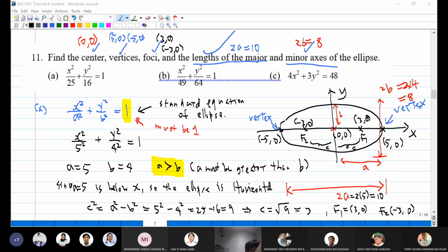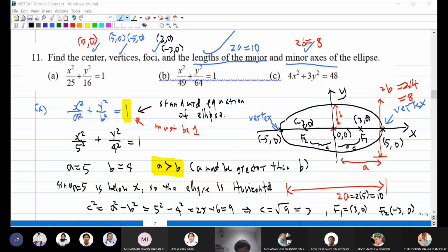So what's this to you? Understanding how the ellipse looks like, right? An ellipse has a lot of terms. You've got a center, and then foci, vertices.